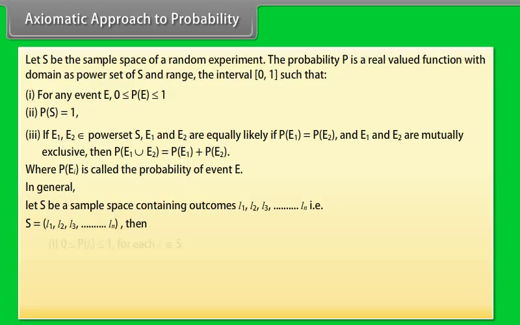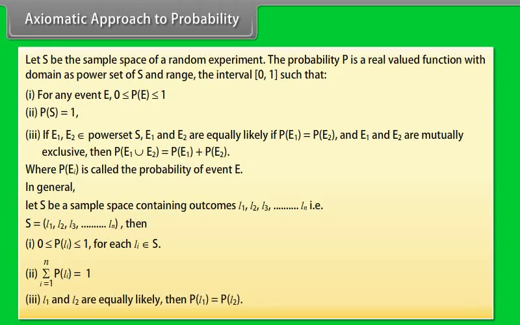Then 1. 0 is less than or equal to P(Li) less than or equal to 1 for each Li belonging to S. 2. Summation of i is equal to 1 to n of probability of Li is equal to 1. 3. If L1 and L2 are equally likely, then P(L1) is equal to P(L2).